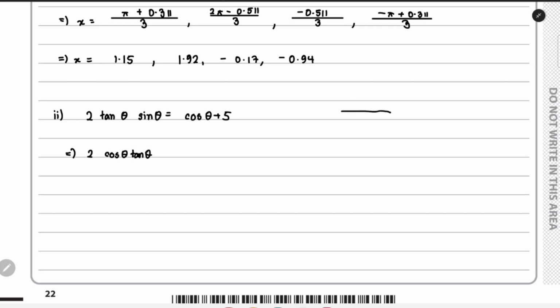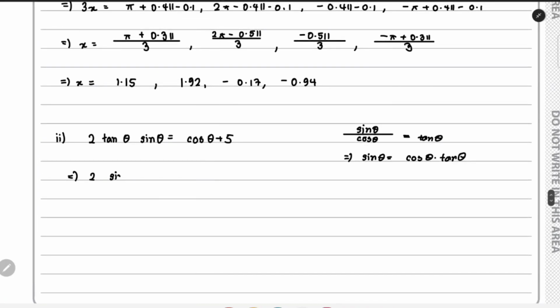Now we know that sine theta by cos theta is equal to tan theta. So if we make sine theta the subject, sine theta equals cos theta times tan theta. This is what we have over here. So this can be written down as sine theta. We have another sine theta over here. If we multiply the right hand side by cos theta, we will get cos square theta plus 5 cos theta.